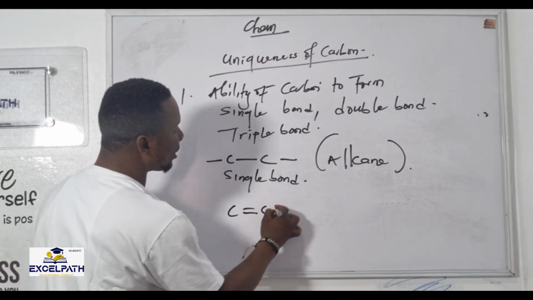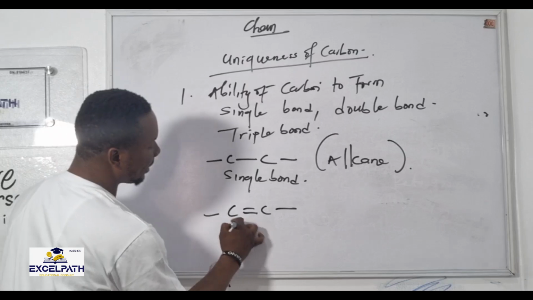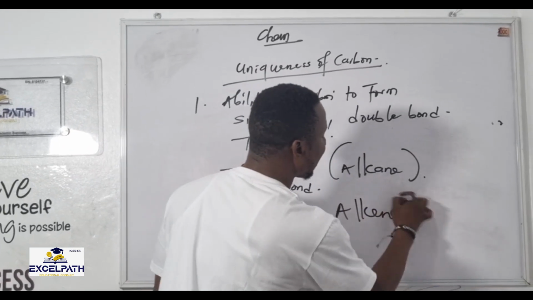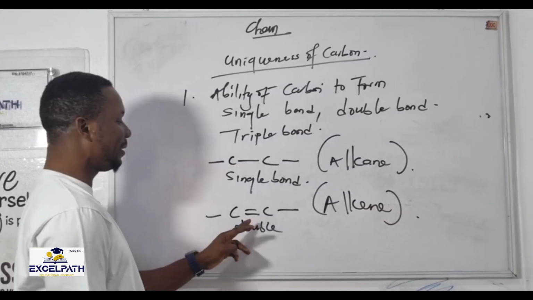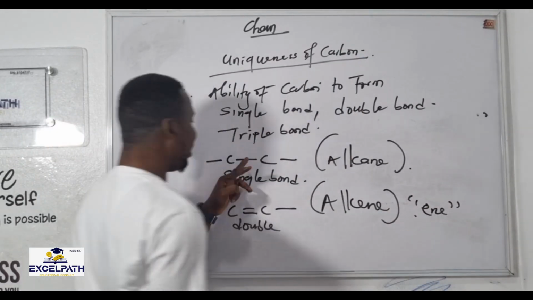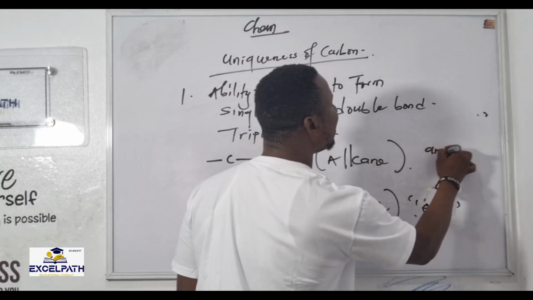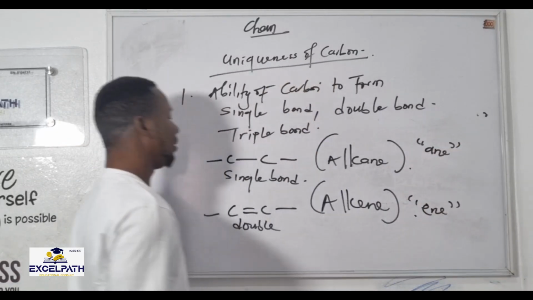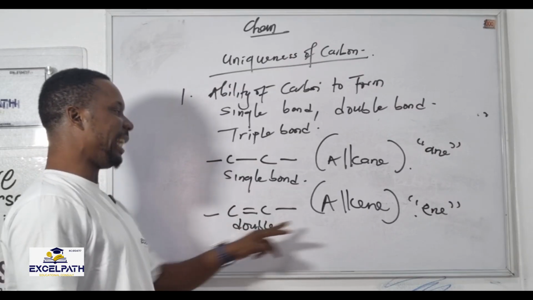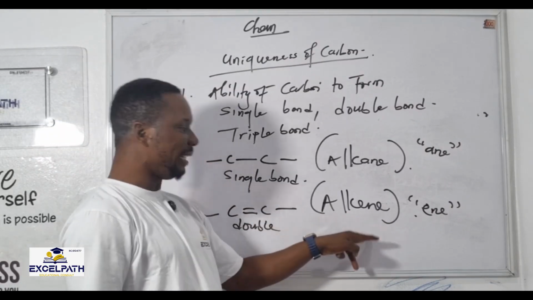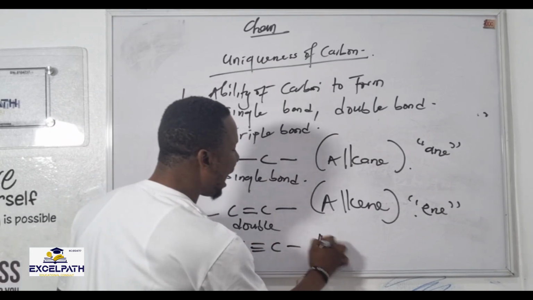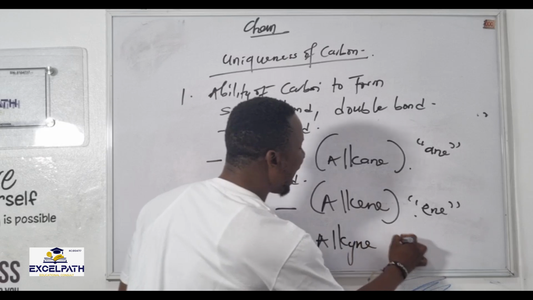Carbon forming a double bond here, this is a double bond. It belongs to the alkenes. Whenever you see a single bond, it's the suffix "ane", alkane. Double bond, "ene", alkene. If it has a triple bond here, it's alkyne, which is "yne".